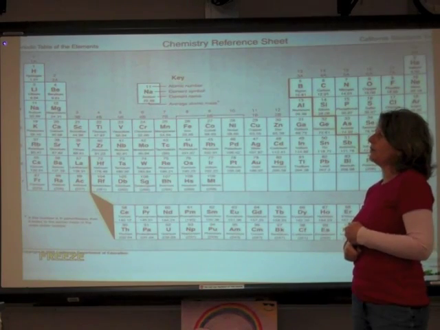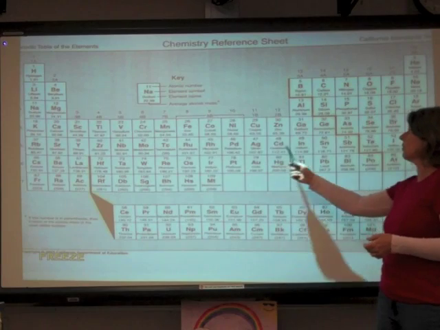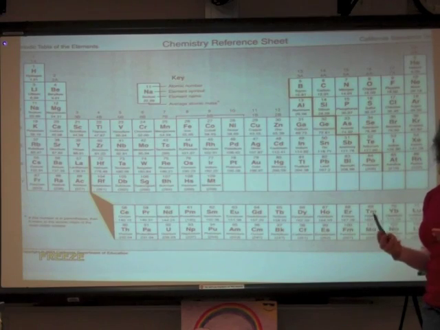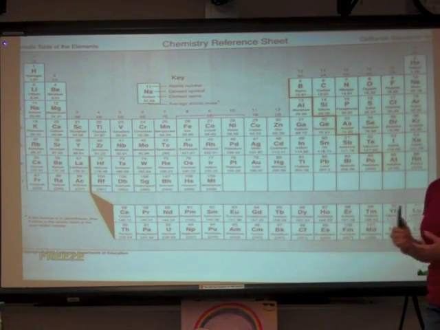So it would be fair to think that as we move across the periodic table, we should find an increase in the size of the radius of an atom. But what we find is counter to that.